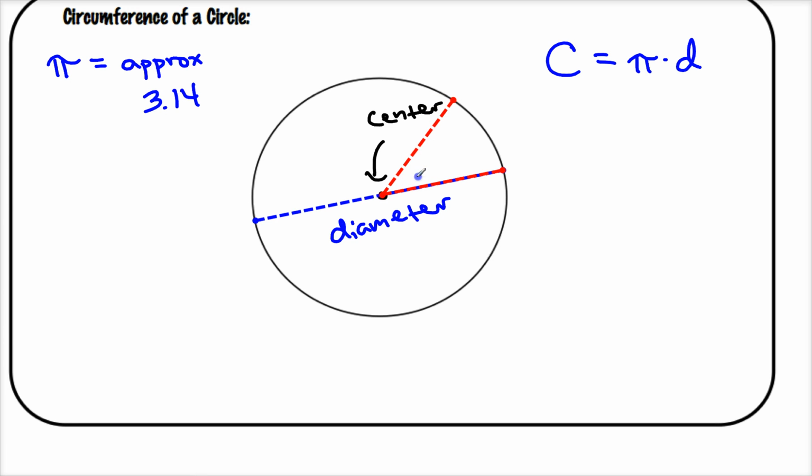So if you don't know the diameter, but you do know the radius of the circle, then your formula becomes circumference equals 2 times pi times r. Because the radius is half of the diameter, you have to take the radius times 2 in order for it to equal the diameter. So these right here are your two formulas for circumference of a circle, just depending on whether you know the diameter or the radius.